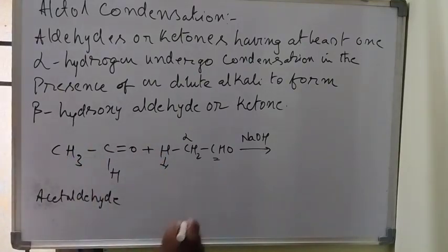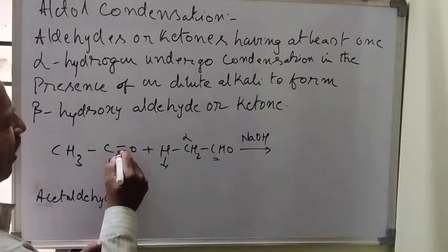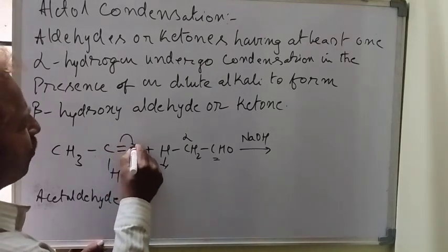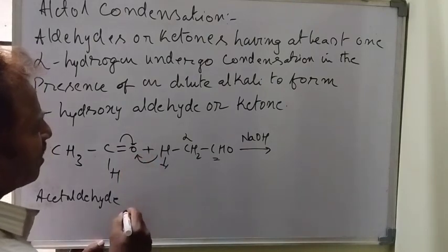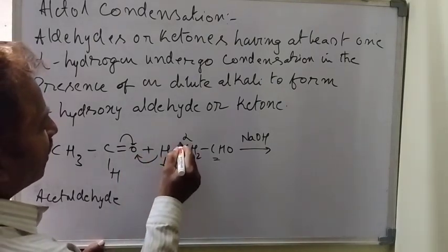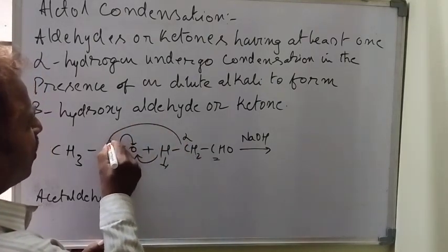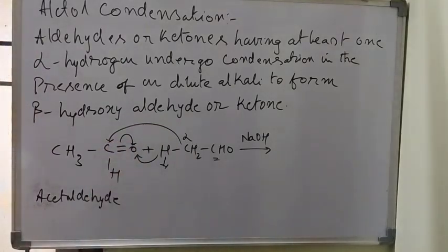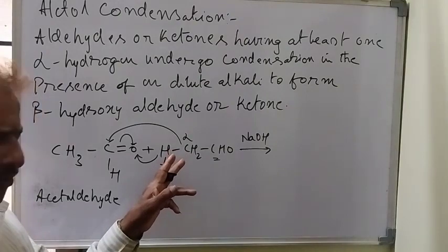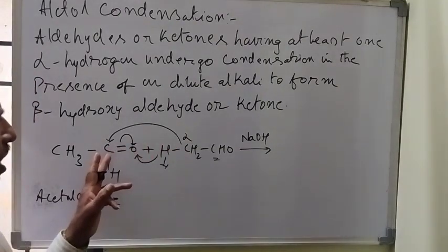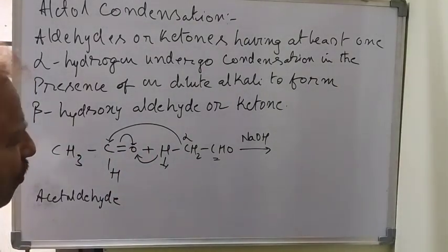In the presence of dilute alkali, what will happen here? This pi bond shifts to oxygen. Therefore, this hydrogen comes and attacks this oxygen, and this carbon, the alpha carbon, comes and attacks this carbonyl carbon. That means the alpha carbon of one molecule attacks the carbonyl carbon of another molecule.